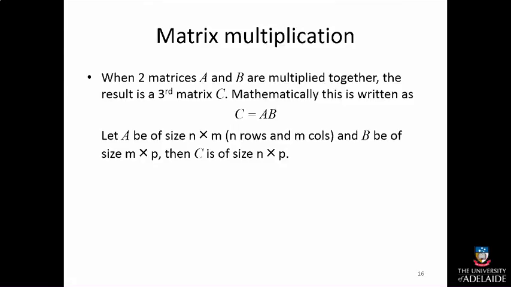Those who do not have a very mathematical background, just remember, these are the dimensions of your first matrix, rows into columns, and these are the dimensions of your second matrix, and these two dimensions should agree. And then eventually the resulting matrix would be of size n cross p.